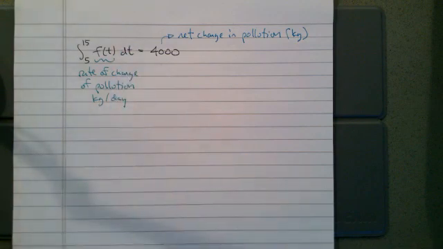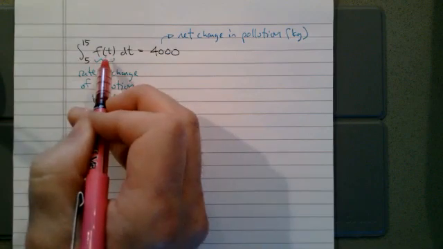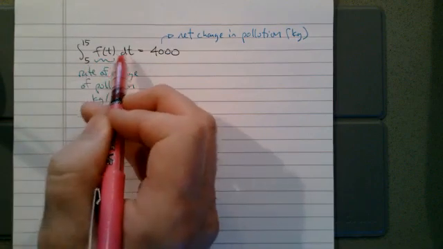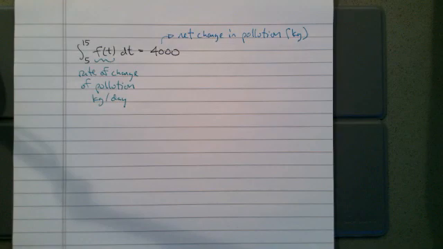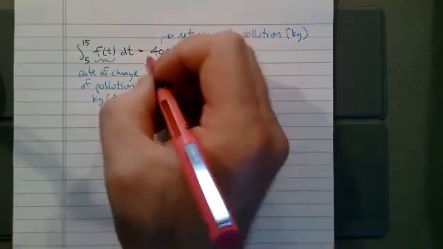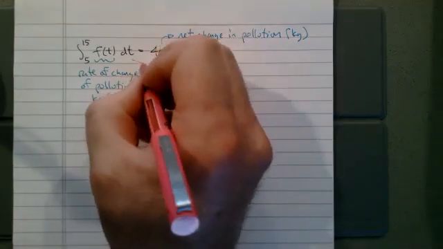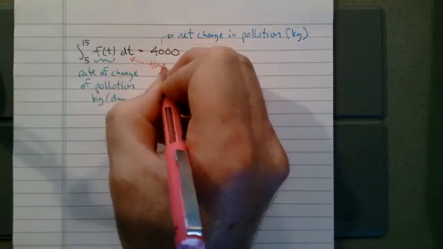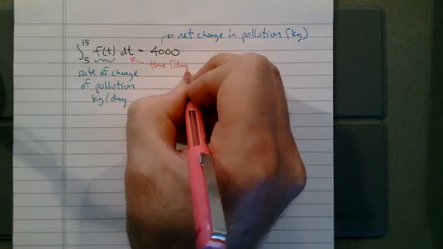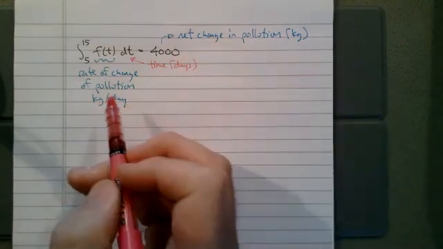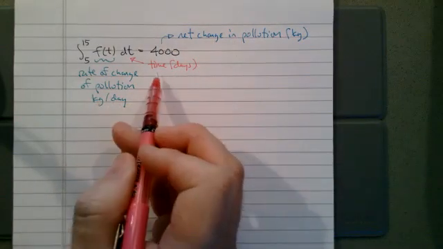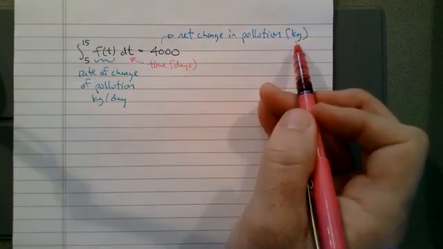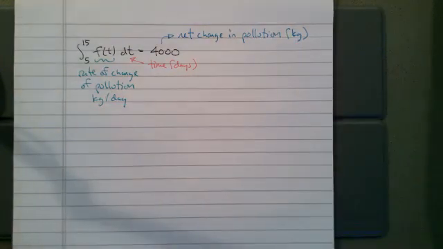The dt is the change in time. We're evaluating the function at say 5 days, and we're multiplying it by some small change in time. So the dt is the amount of time. So we could think of the kilograms per day multiplied by days will just give us kilograms. So that's kind of what's happening.